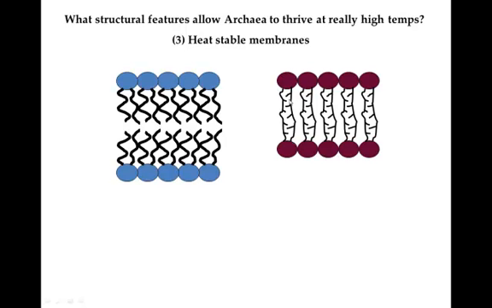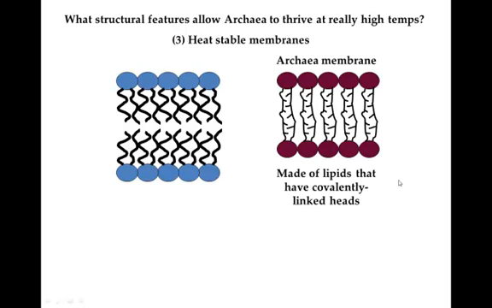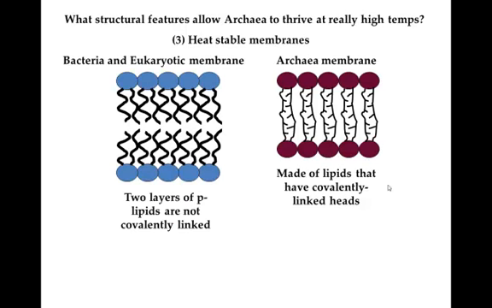So they're linked all the way across, and they're linked by covalent bonds. Covalent bonds are the strongest type of bond. Hydrophobic interactions are pretty weak. So, the archaeal membrane is made of lipids that have covalently linked heads. Bacterial and eukaryotic membranes, on the other hand, are comprised of two layers of phospholipids that are not covalently linked.